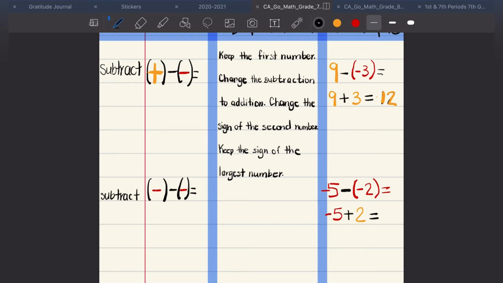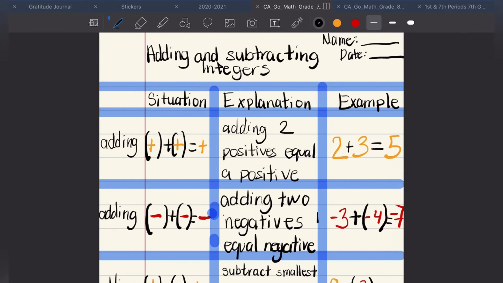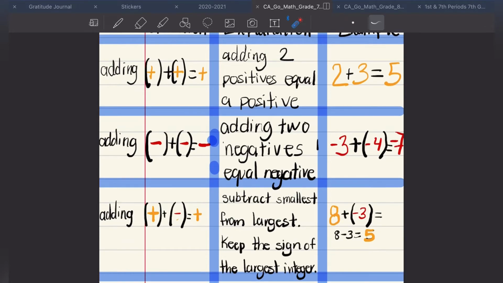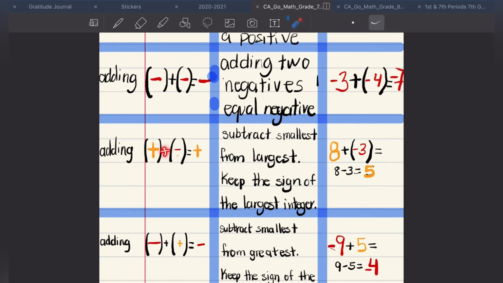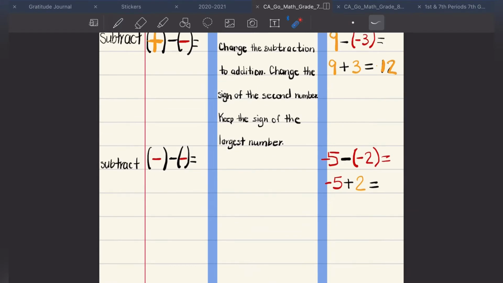So remember, when we looked at the addition, we are adding a negative and a positive. So when we come back here and remember adding, like this one, adding a negative and a positive, then you just find the absolute value and you keep the sign of the largest number. So we are going to apply that because now we are adding a negative and a positive.